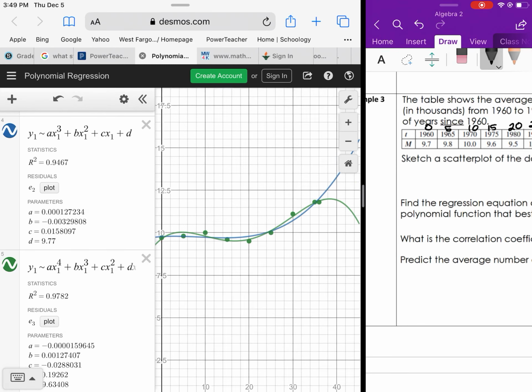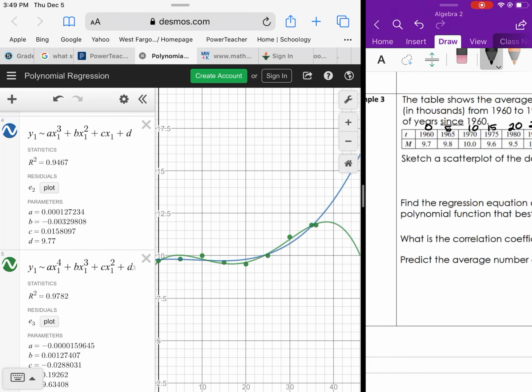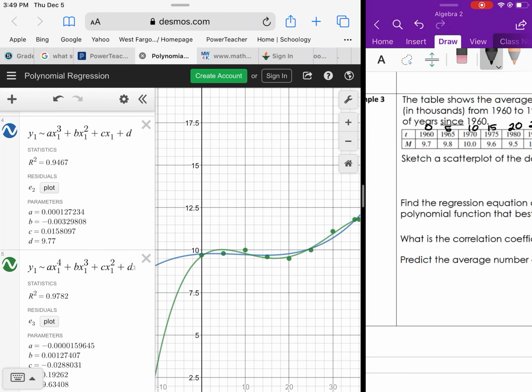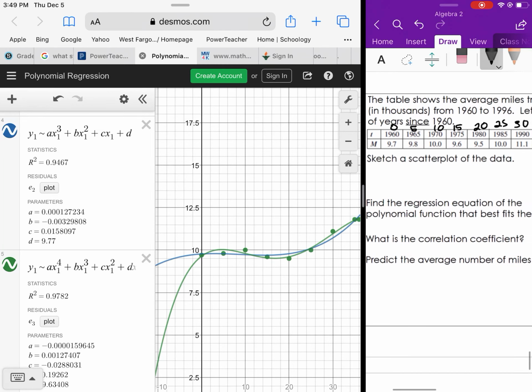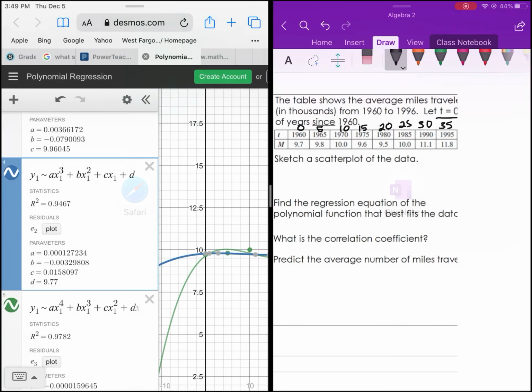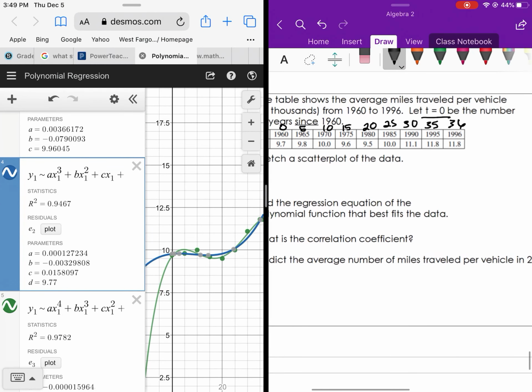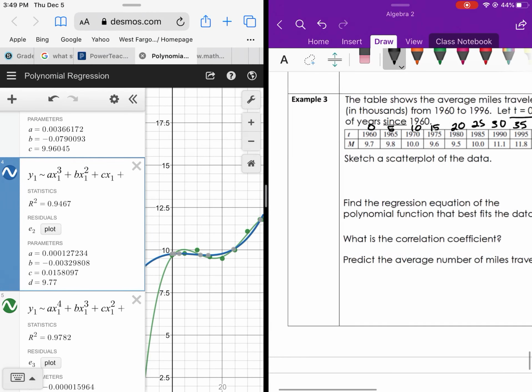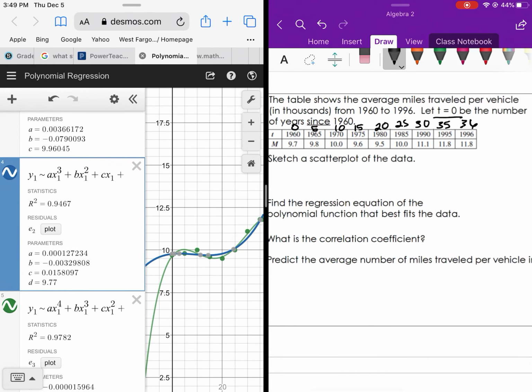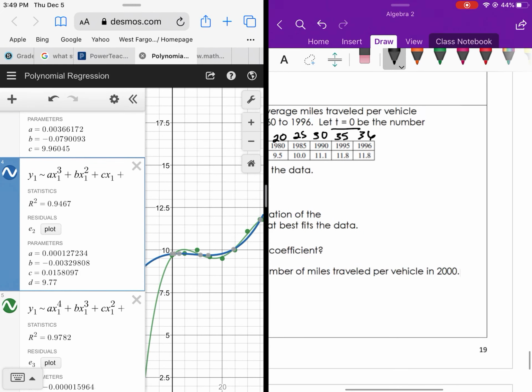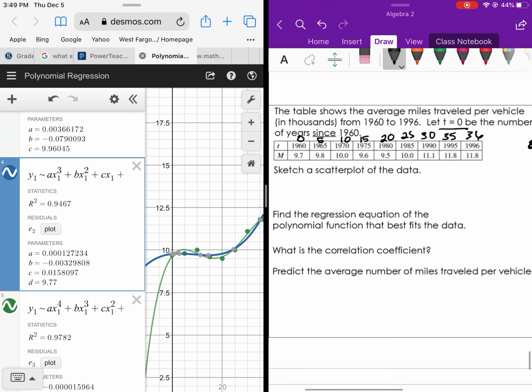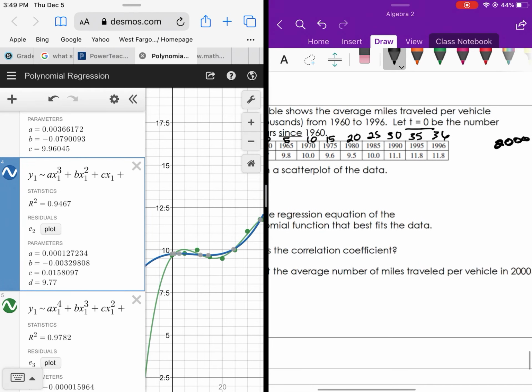Let's look at the x to the fourth instead. It did have like 3 turns, so I thought x to the fourth would be better. Now, this data was the average miles traveled per vehicle. As the years go on, like if we were looking at 2000, you would say that the average number is trending up probably, in thousands.